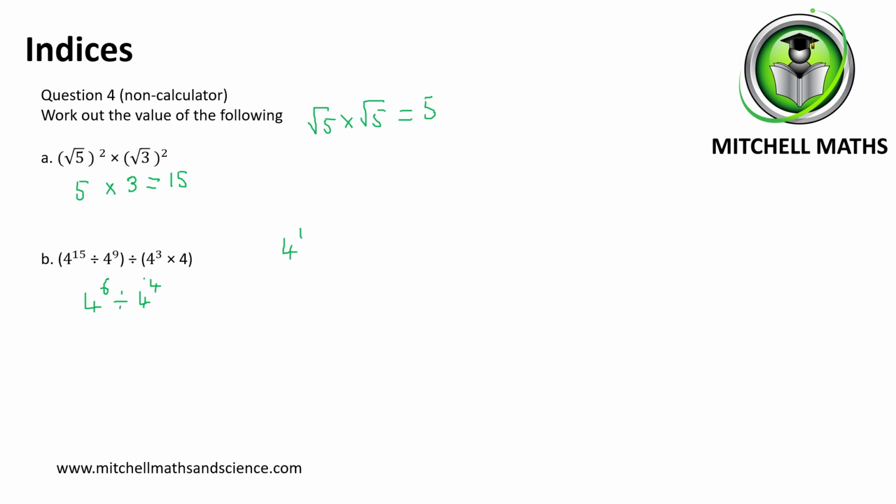And as we said before, when you divide powers, you subtract. So 4 to the 6 divided by 4 to the power of 4 will leave us with 4 squared. You can write that as 16, because this question just says work out the value. It doesn't ask you to write it as a power.